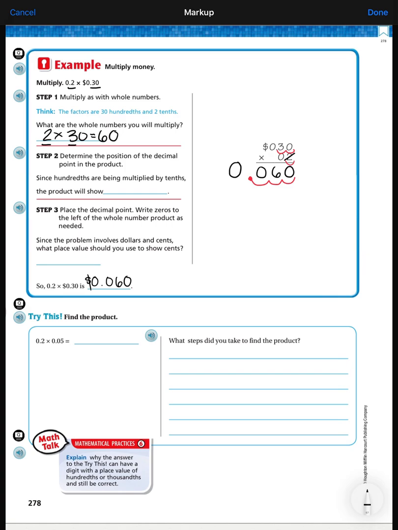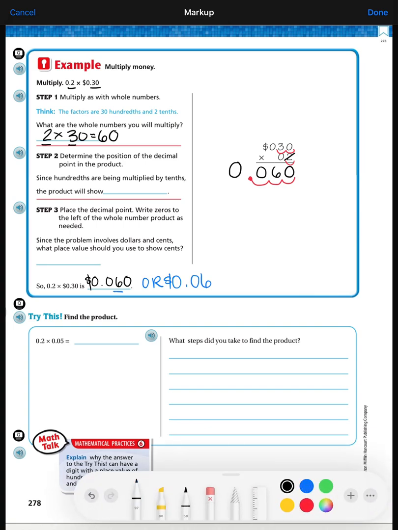The other thing I want to point out about this is anytime there's a digit and a 0 after it, so for instance, in this problem, we have our 6, then we have a 0 directly after it, you do not have to include that 0. So we could rewrite this as, and I'm going to just write or, 0.06, and that is still an acceptable answer because after the 6, we have no more numbers, no more digits.